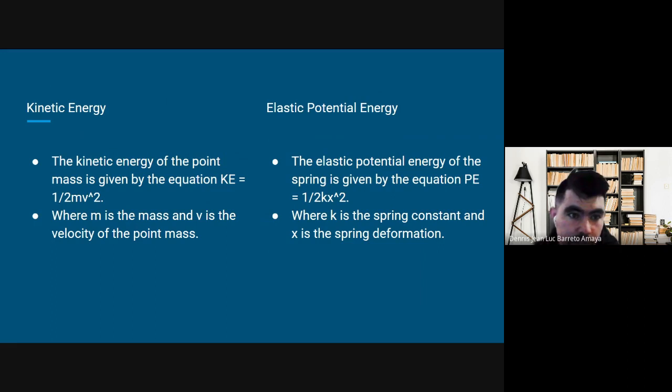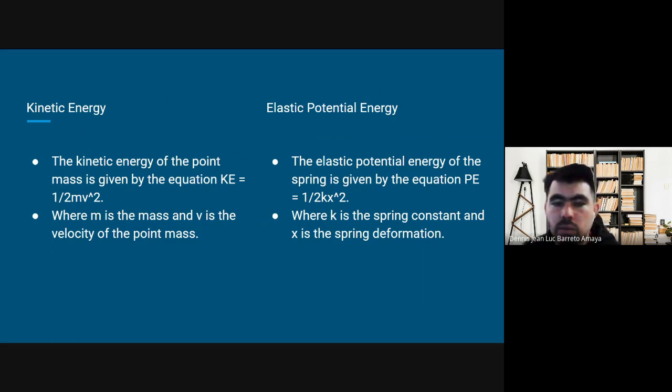Kinetic energy. The kinetic energy of the point mass is given by the equation K equals 1 divided by 2 m v squared, where m is the mass and v is the velocity of the point mass.